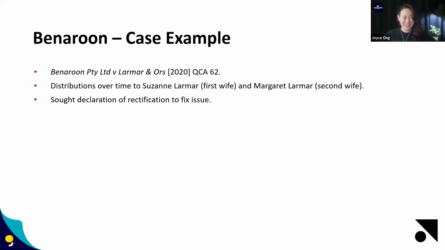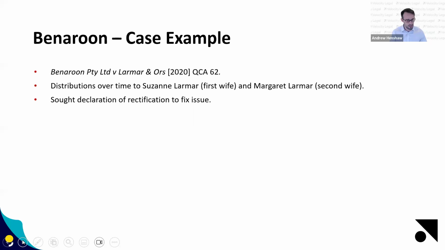Returns, financials, etc. And the court essentially accepted that Mr. Lamar and his first wife should have been beneficiaries of the trust, and so the deed could be rectified in that respect. But the issue was about Margaret, whether she was a beneficiary or whether the court would order that she become a beneficiary.